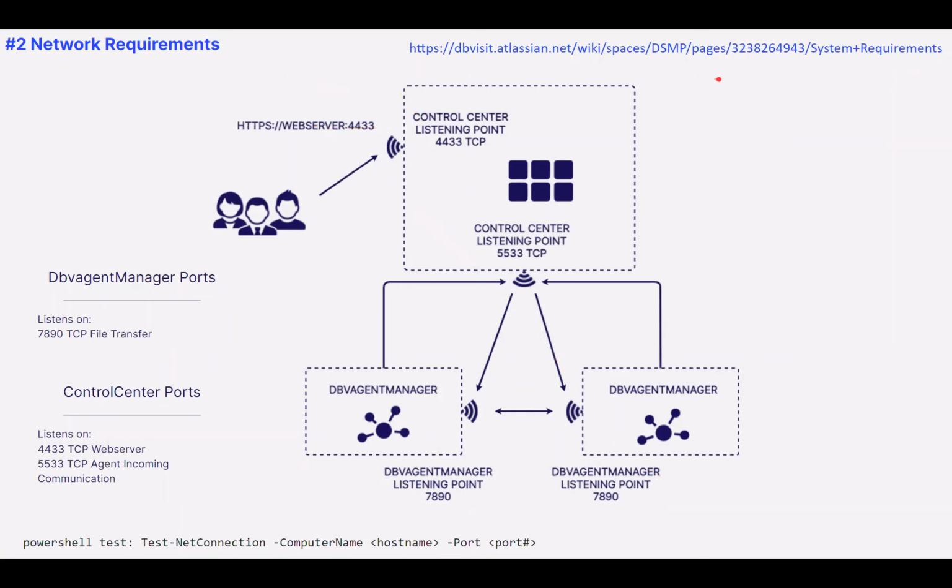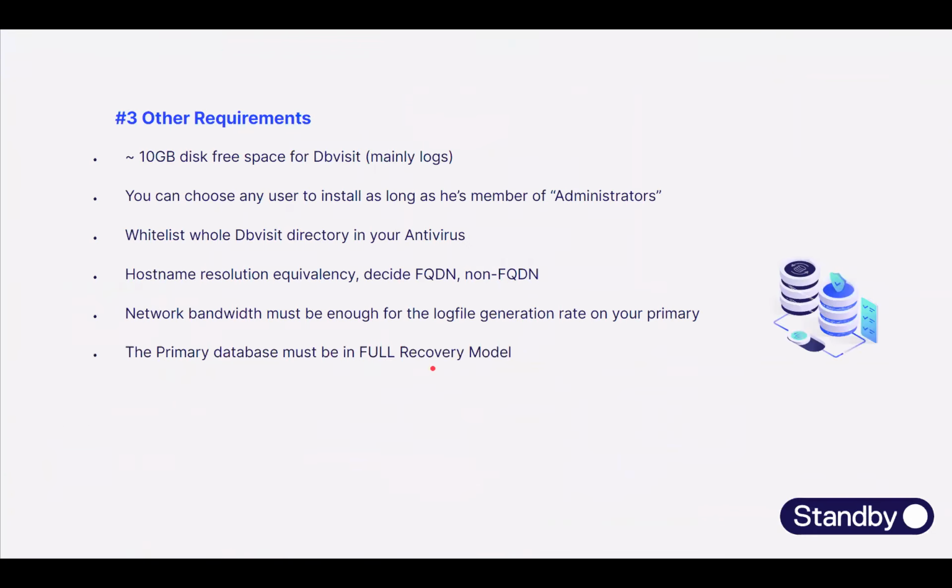Just take a look at it when you are installing Dbvisit in the environment, and make sure that you allow these ports for the communication. One really good hint here is that you can use this PowerShell command to test the communication. Once you install Dbvisit and start everything, you can use this to test if the communication is working as it should.